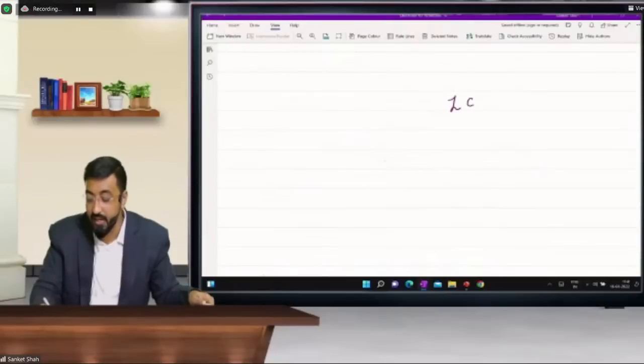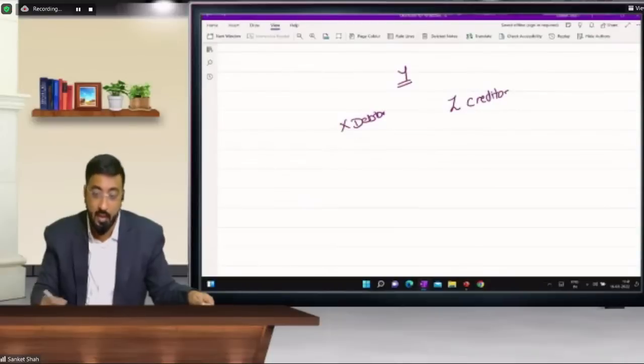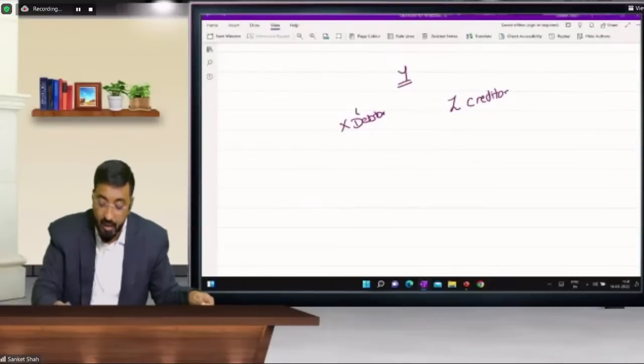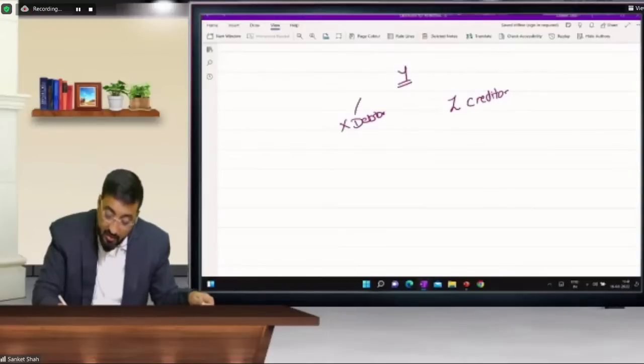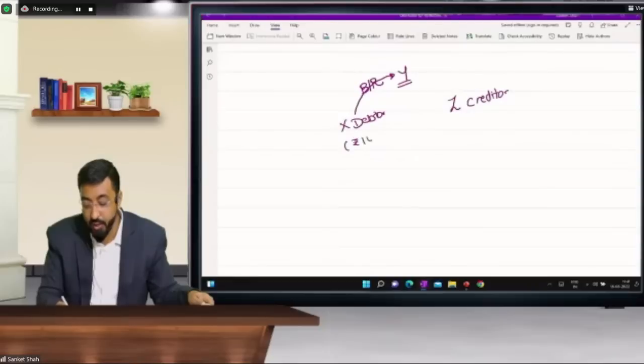Z is my creditor and X is my debtor. I am Y. X accepted bill and X transferred bill to me. So X is showing 100 rupees balance, assume.